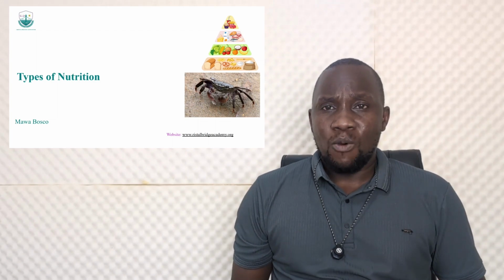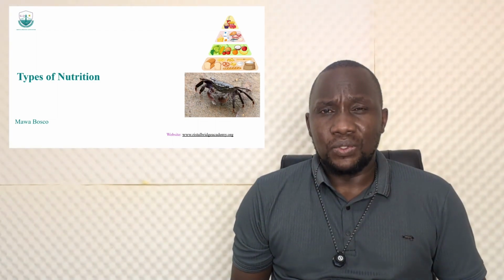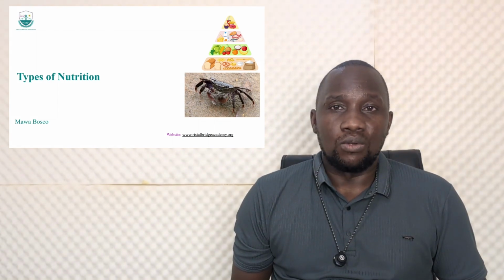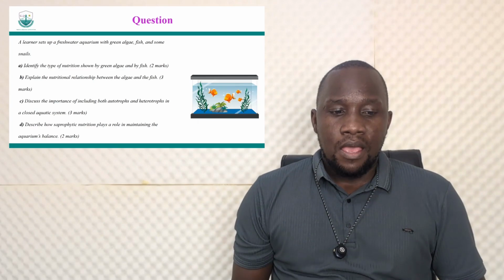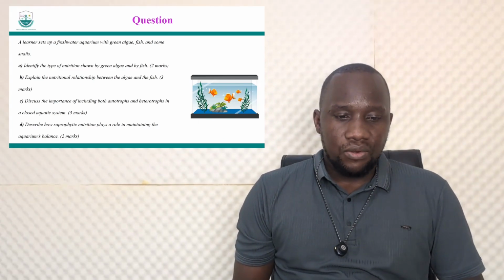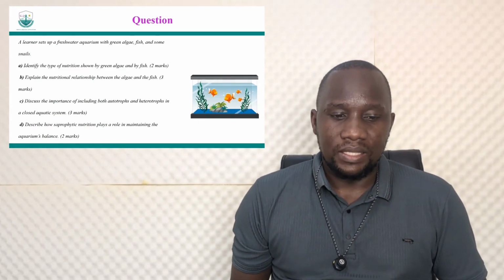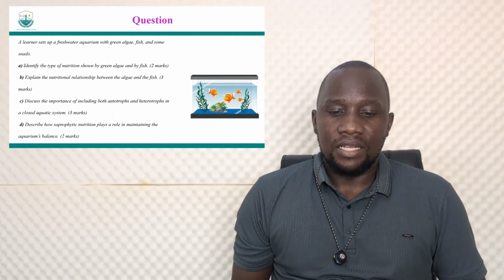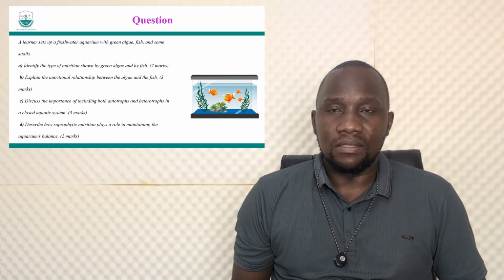So our concern in this presentation is to see how they obtain the food before we look at all those processes. So we start by looking at a scenario where you have a learner who has set up a freshwater aquarium with green algae, fish, and some snails.